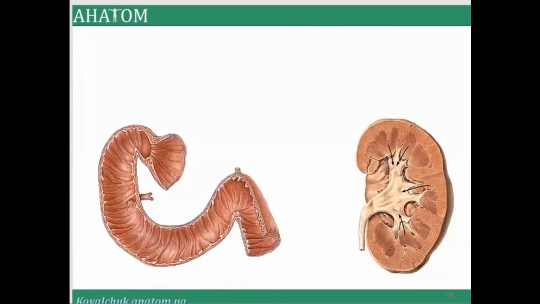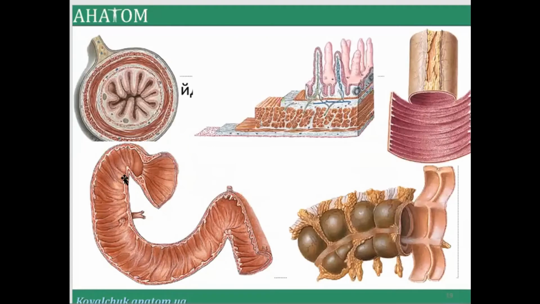Present some classification of internal organs. It's parenchymal, with parenchyma. Parenchyma is the big part of the stroma, and tubal form, and some organs have a cavity.